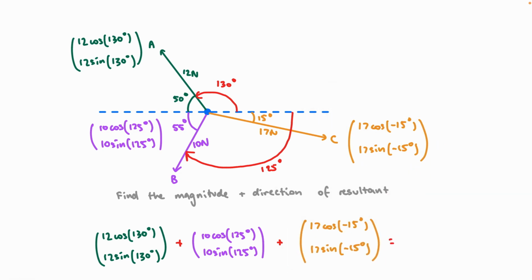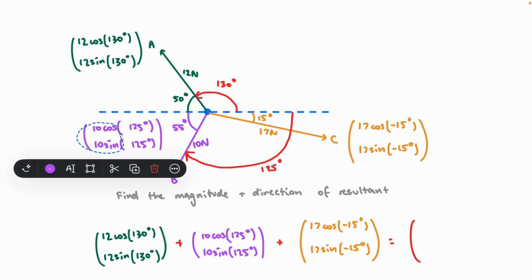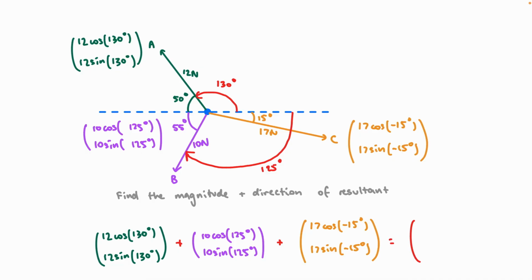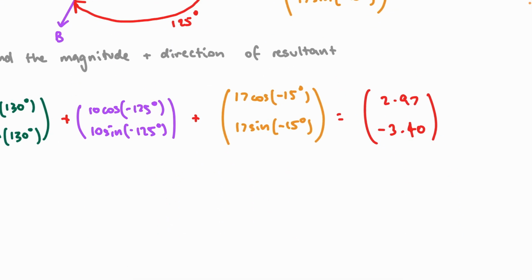Actually, I have made a mistake: it should be negative 125, like I said here. So it should be negative here and here, and also negative here and here. Now the final answer that we get is 2.97 and minus 3.40. So this is our vector in component form for the resultant.